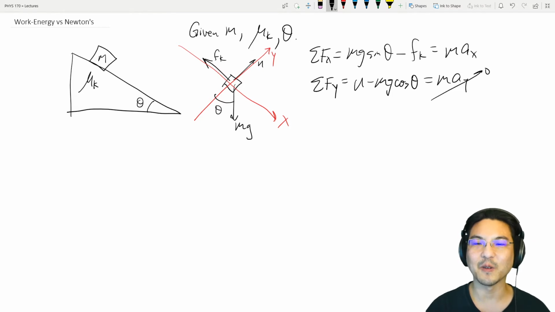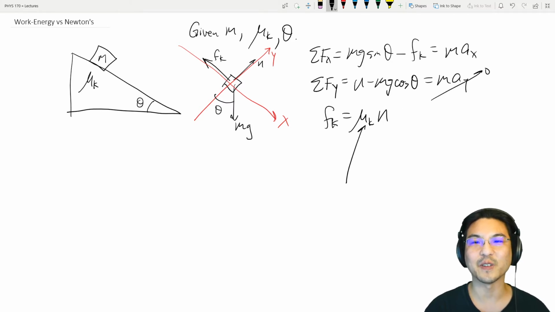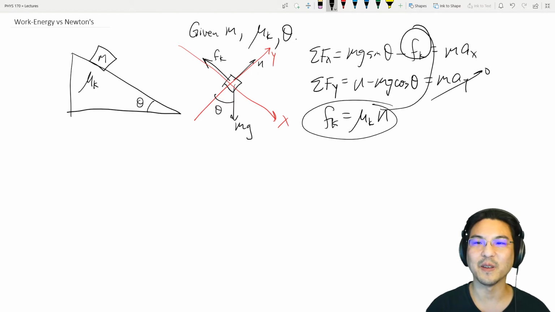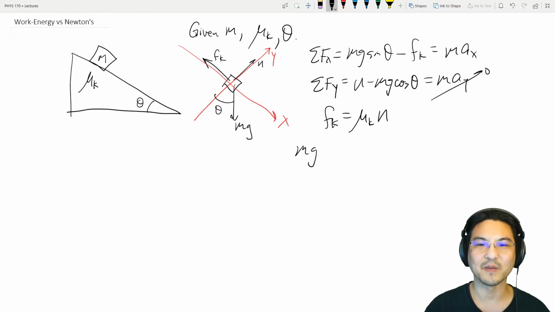Okay, and then we know that friction is proportional to normal force, like this, where this is the coefficient of friction. So then this can go here. Let me just jot that down. mg sine theta minus friction, mu k N, equals mass times acceleration.